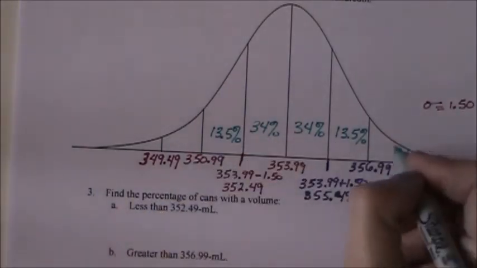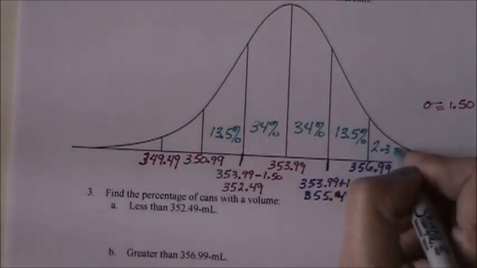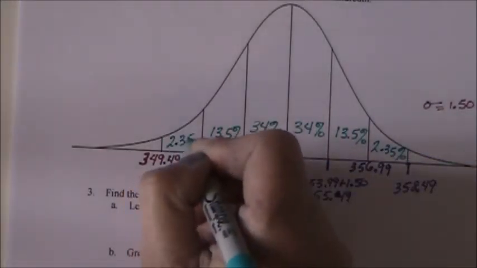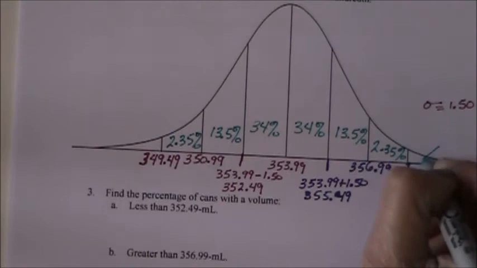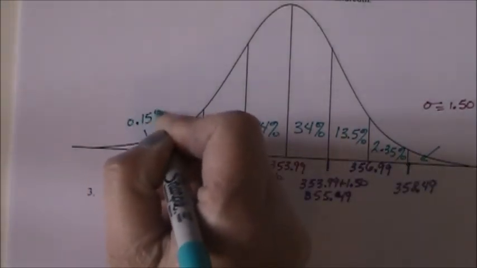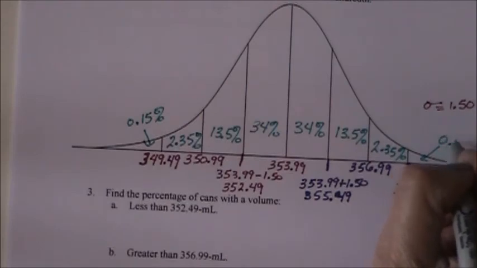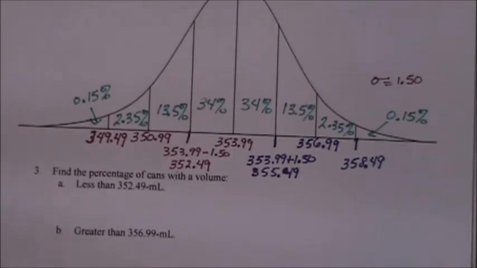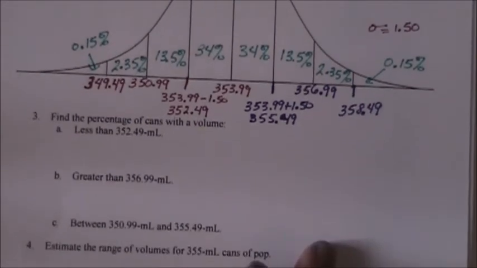We then have 2.35% on each of them. And then our last tiny sections were 0.15% each. Okay. That is going to help us as we go through and answer our next questions.